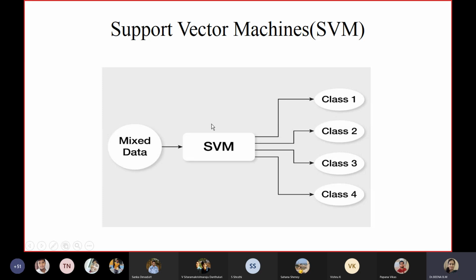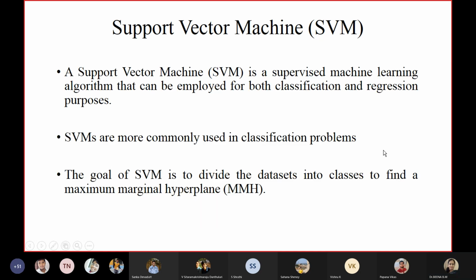Now the main Amrita server is getting all this mixed data, and when SVM is applied to that mixed data, it is going to segregate: students of Bangalore campus, students of Chennai campus, students of Mysore campus, students of Cochin campus. So the mixed data is fed into the SVM system, and SVM classifies the data into different classes.